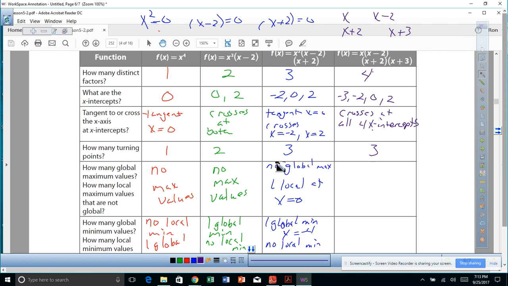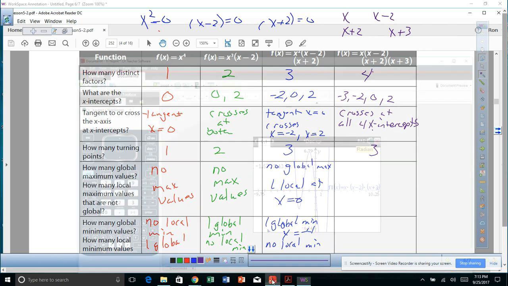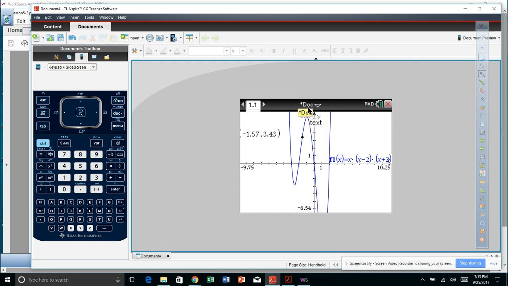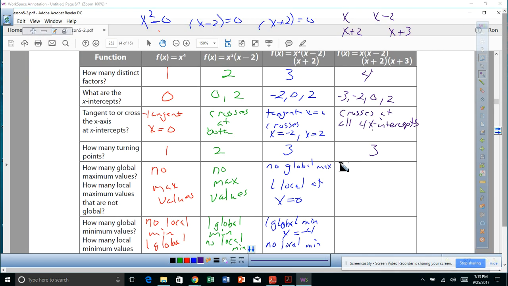How many global maximum values? Well, let's see here. There are no globals, but you have a local max at this point right here. So we'll say no global max.